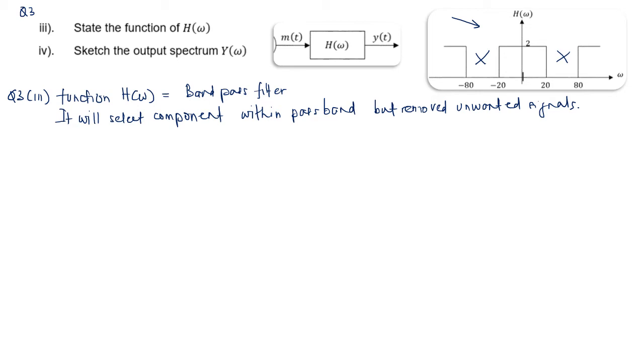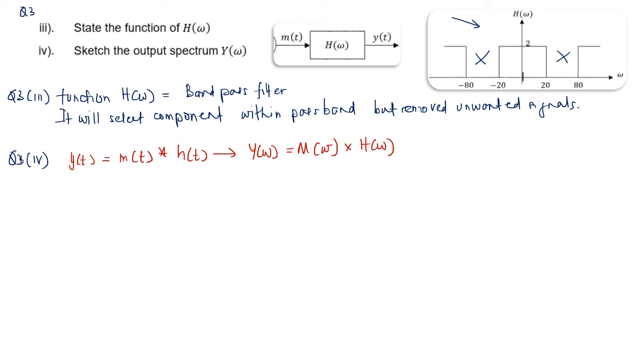And then question 3 part 4. Sketch the output spectrum Y(omega). From the system, you know that y(t) equals m(t) convolved with h(t), the filter. So in this case, Y(omega) equals M(omega) multiplied with H(omega). The question asks you to sketch.